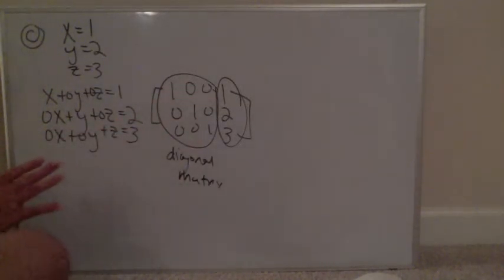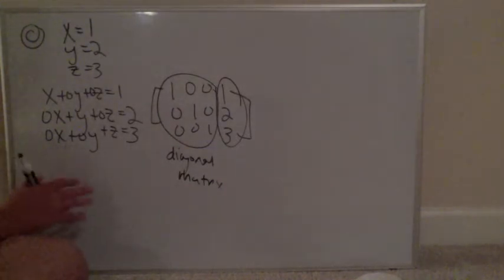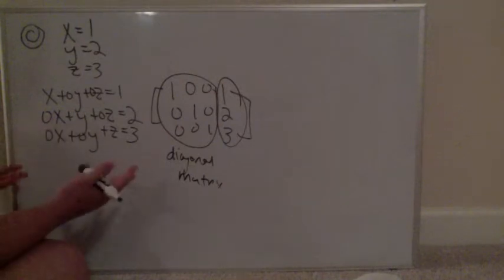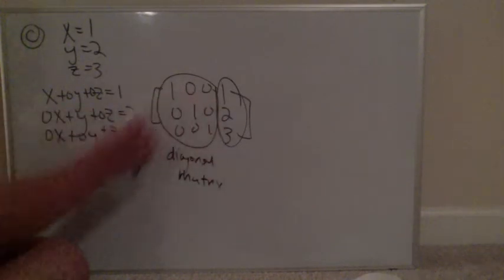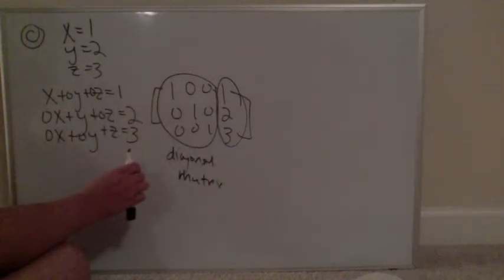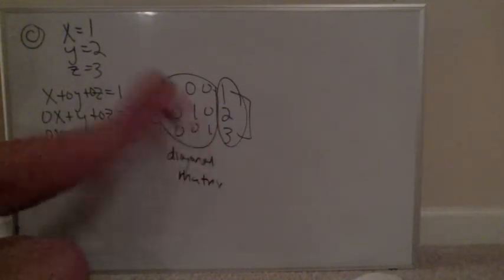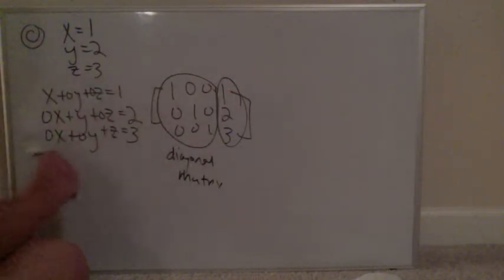So, the idea behind the method today is that we will take whatever matrix we start out with, put it into this diagonal form, and after it's in this diagonal form, we know the last column will tell us what x, y, and z are.